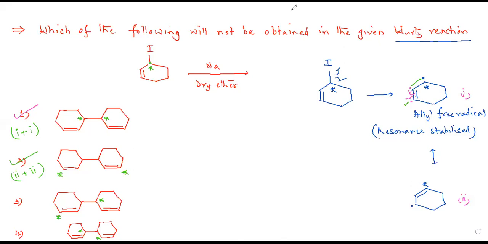Two free radicals, one of each type, when added, this will just come and get added here. See the position. That is your third one. First and second are added. And of course, we don't get this one by any means. So this is an interesting question. Check this out.